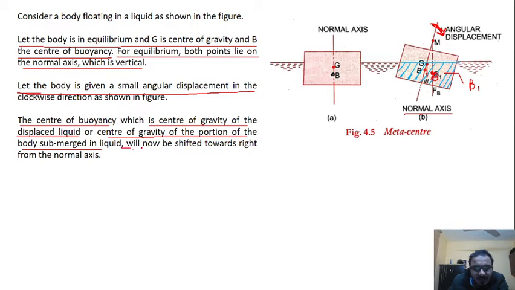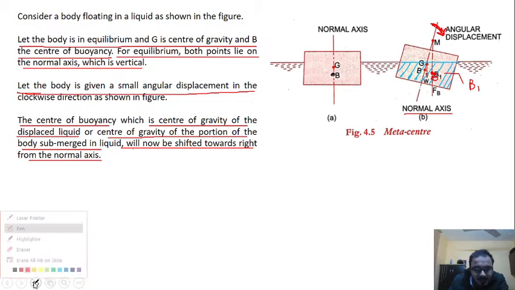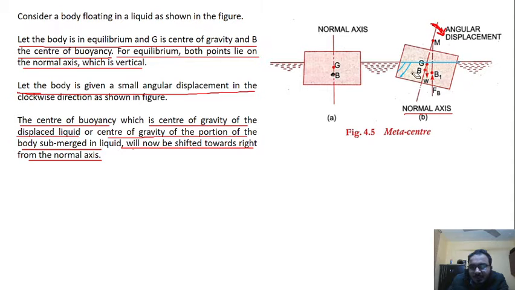That is now shifted towards the right of the normal axis. So here, as you can see, previously the point which was B on the normal axis is now shifted towards the right-hand side of that, that is B1, and B1 is now shown in this figure.